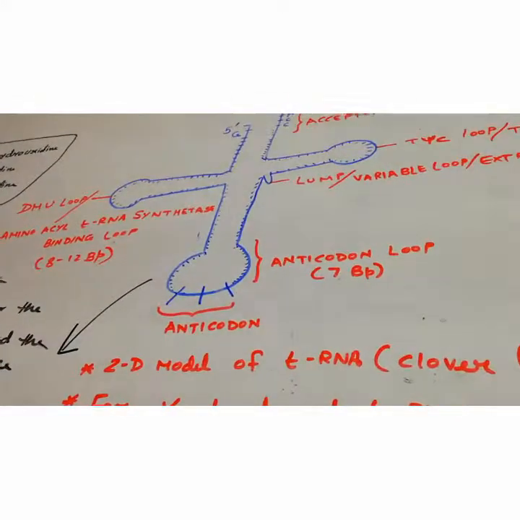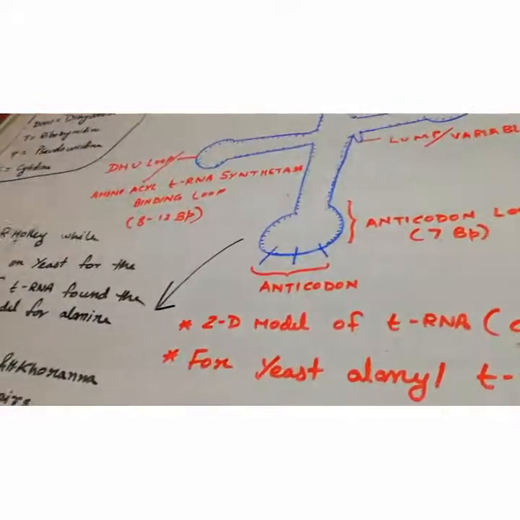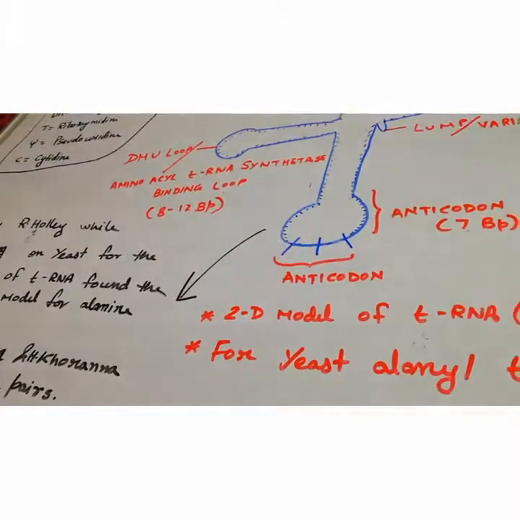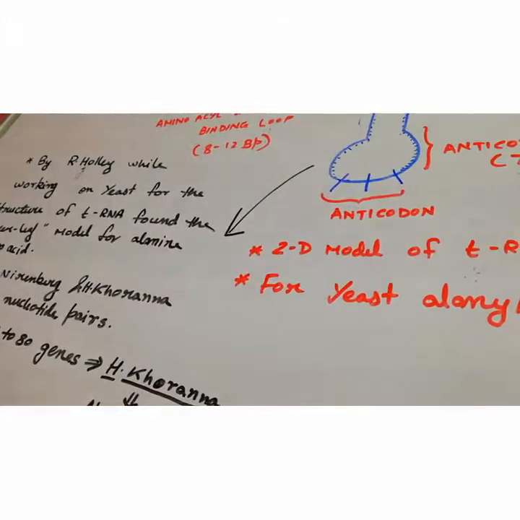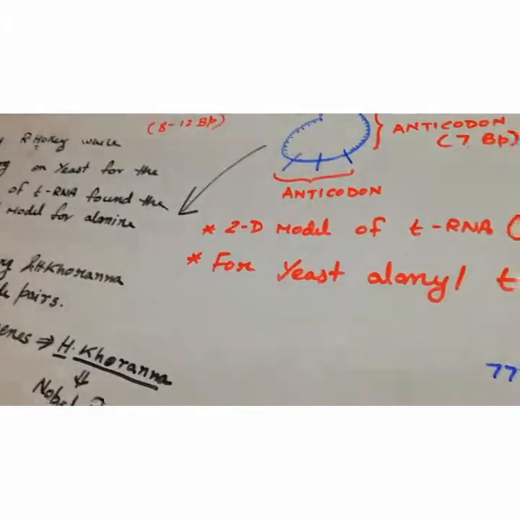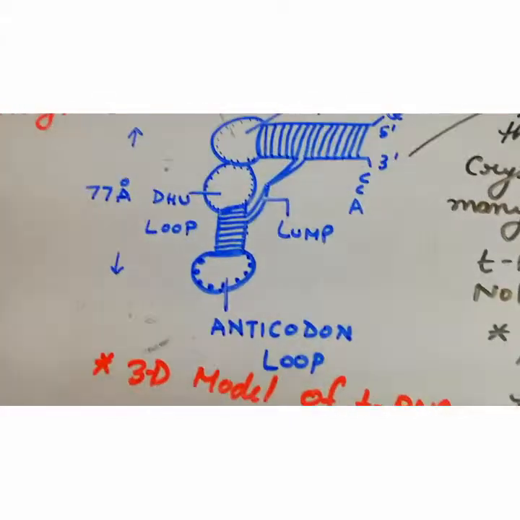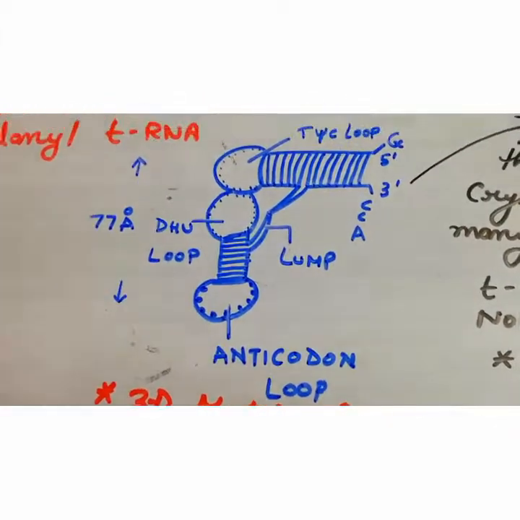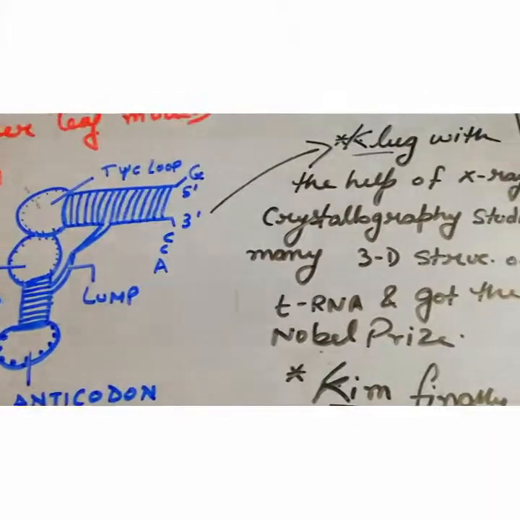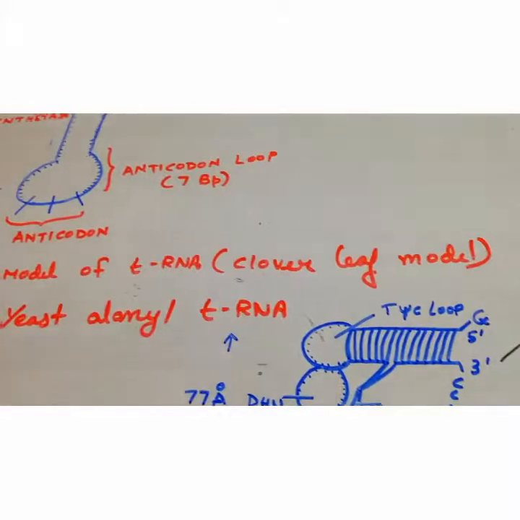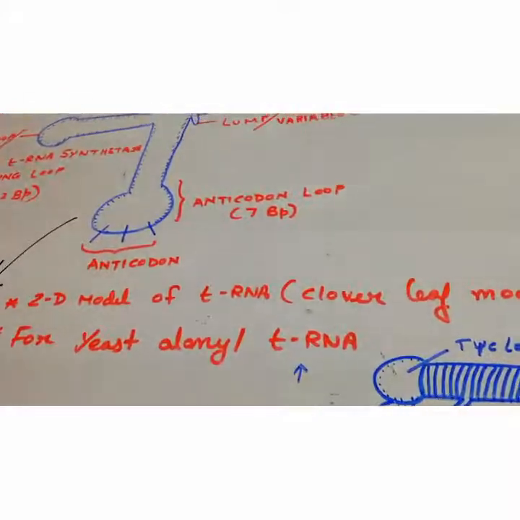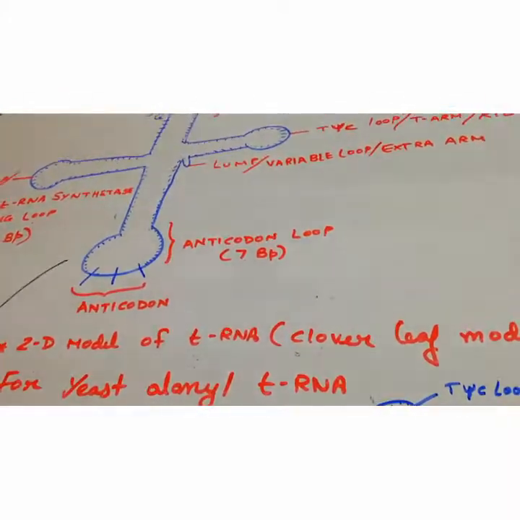For the 2D model, R. Holley was the pioneer scientist, and later on Nirenberg and Khorana gave their contributions. And the 3D model, which came a bit later, was given by Kim, but with the help of Klug. So this is all about tRNA structure. So thank you.